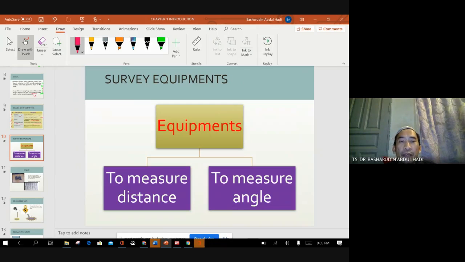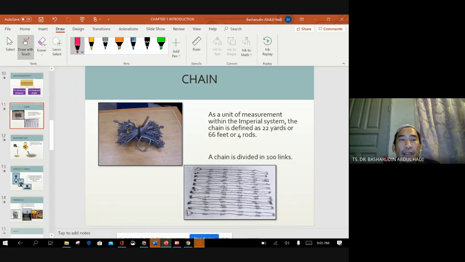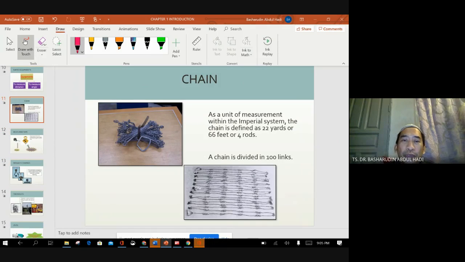So, survey equipment to measure distance, and equipment to measure angles. I think you should ignore this one, the chain survey. That is just history. Now we use a measuring tape. Last time, a chain was a unit of measurement within the imperial system. The chain is defined as 22 yards or 66 feet, or 4 rods.